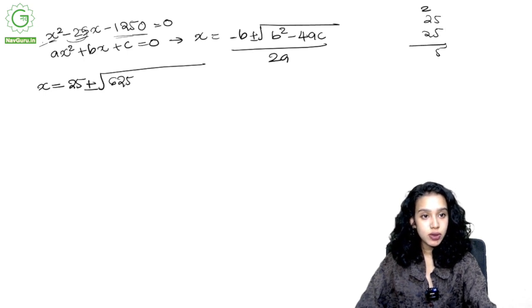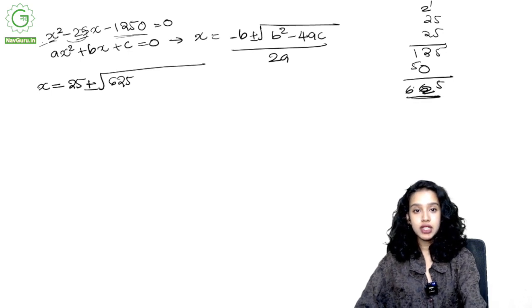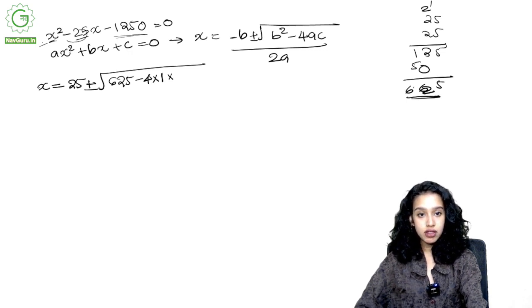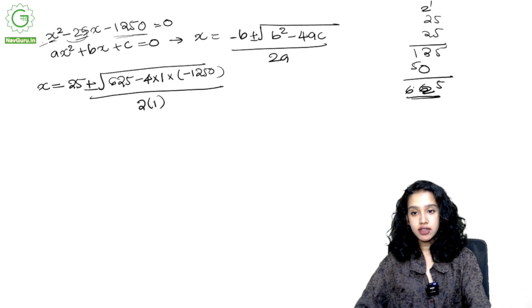Then b square minus 4 into a, which is 1, into c, which is negative 1250, whole divided by 2 times 1, which is a.